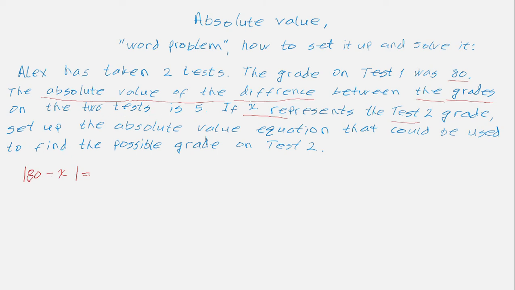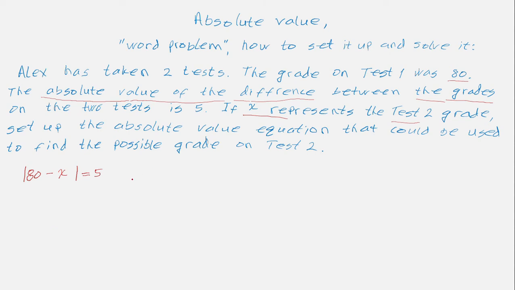So absolute value, not the difference, absolute value of the difference between the 2 tests, 1 and 2, is 5. There it is.